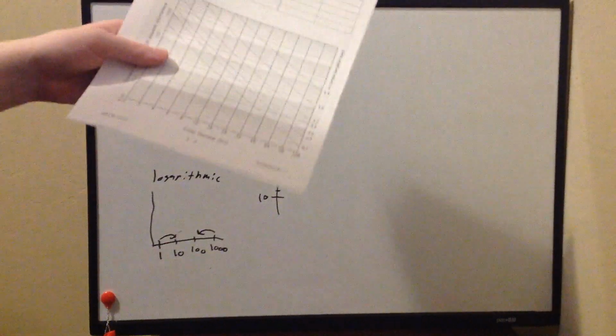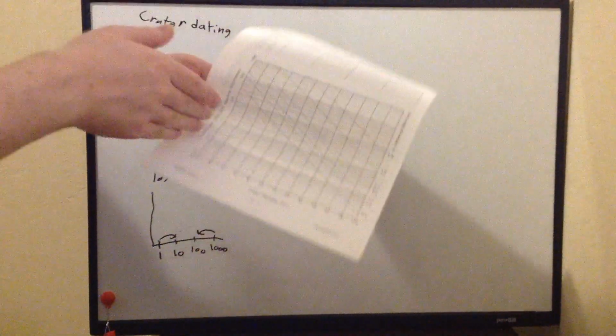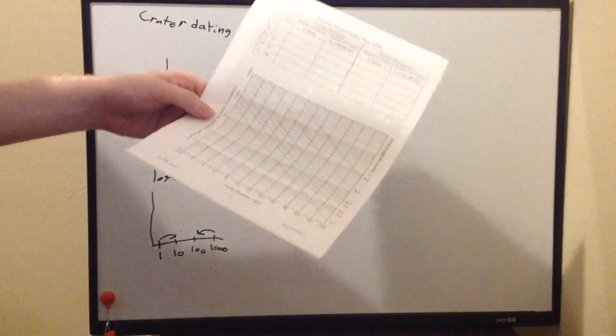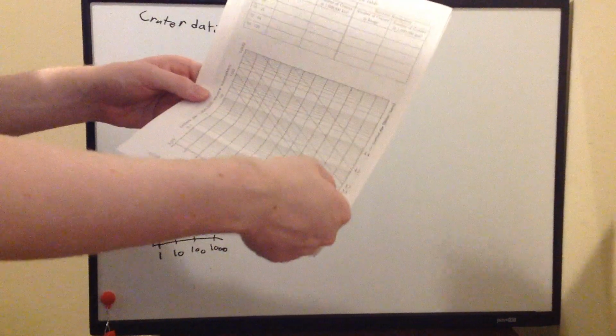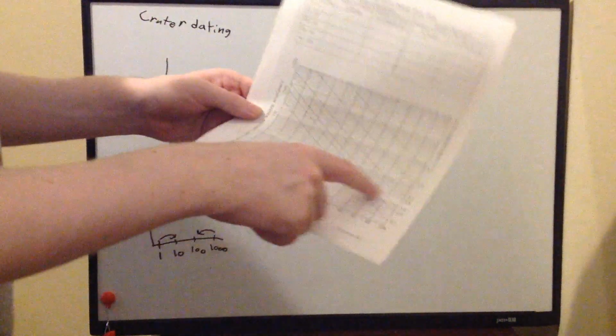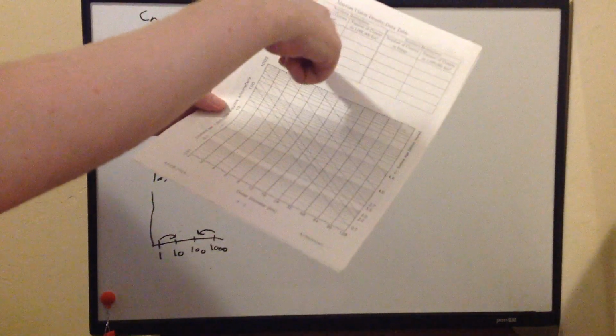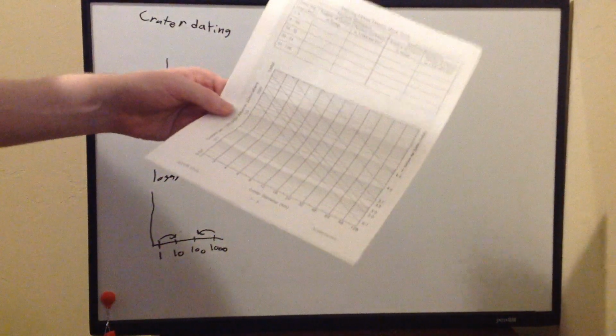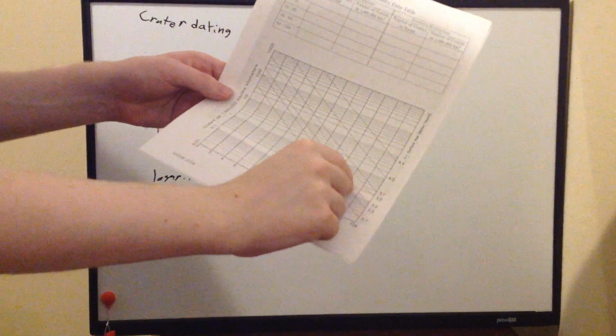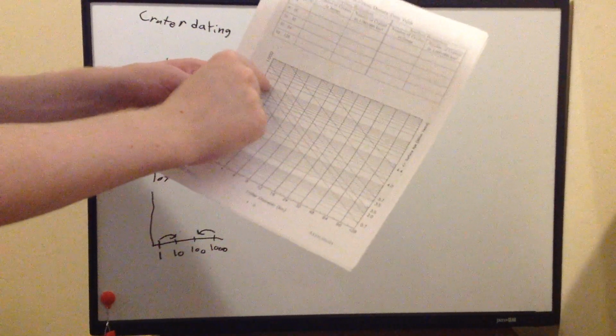Basically what these lines mean is, if we look at a surface that's 1 million square kilometers, and we know that it's a certain age, like say 3 billion years old, then we would expect that if we were to look at the craters, count them up, and then plot them, we would get a line that looks something like the 3 line.